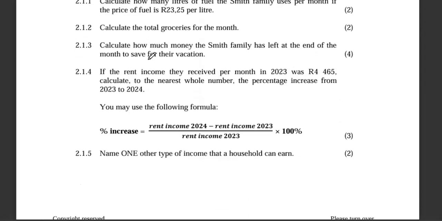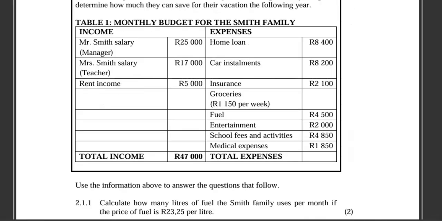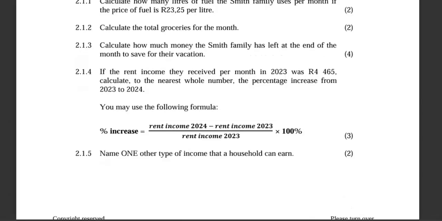Question 2.1.1. Calculate how many liters of fuel the Smith family uses per month if the price of fuel is 23 rands 25 cents. So we shall come here and look at how much they pay for fuel. Remember, we are looking for the number of liters. So we are going to take the money they have paid, 4,500, and divide it by 23 rands 25 cents.